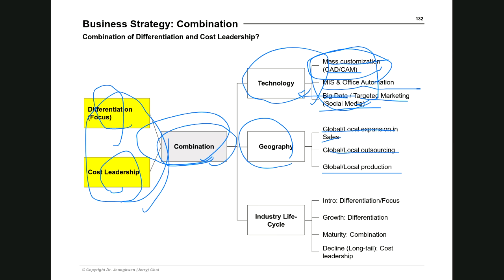Why does that happen? Because KFC changed their strategy according to the Chinese demand. But McDonald's didn't change. So KFC is flourishing while McDonald's is now dying. We are observing those kinds of things. Got it?